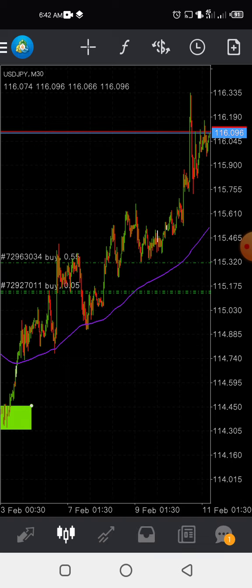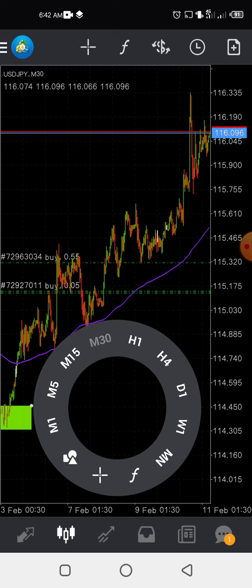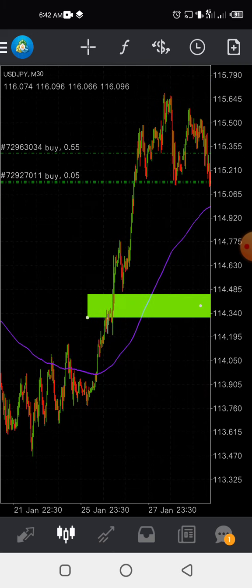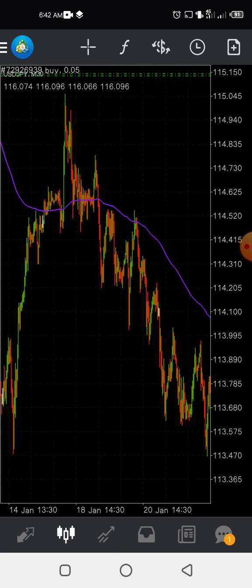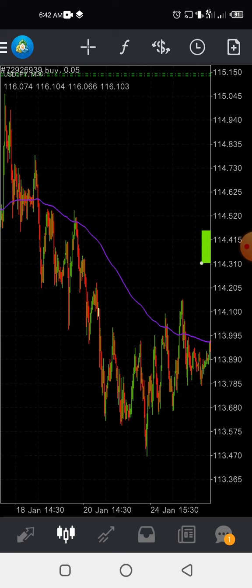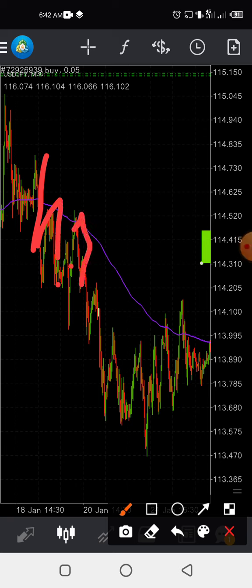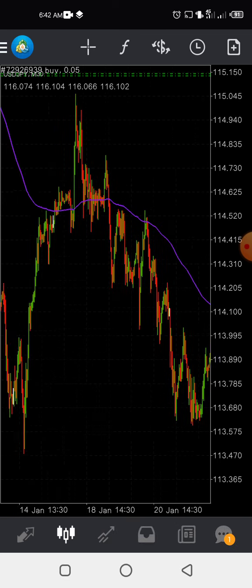Let me even go back to show you that when it retests about 3 times, it's going to be a good trade. Even this right here: it crossed down, retested, broke the zone here, boom. It just goes on retesting this.